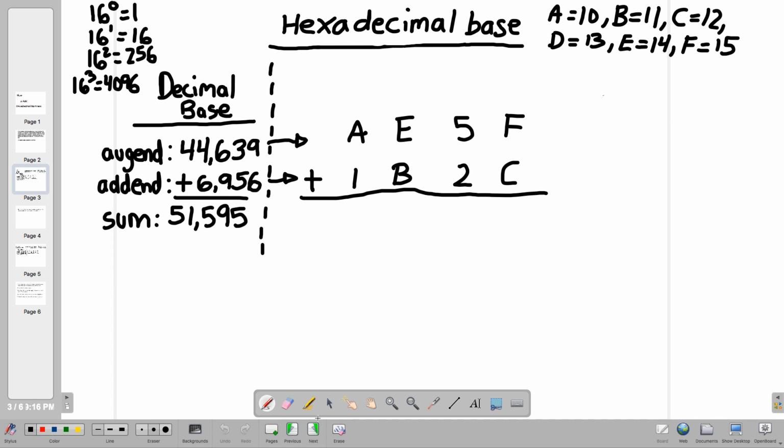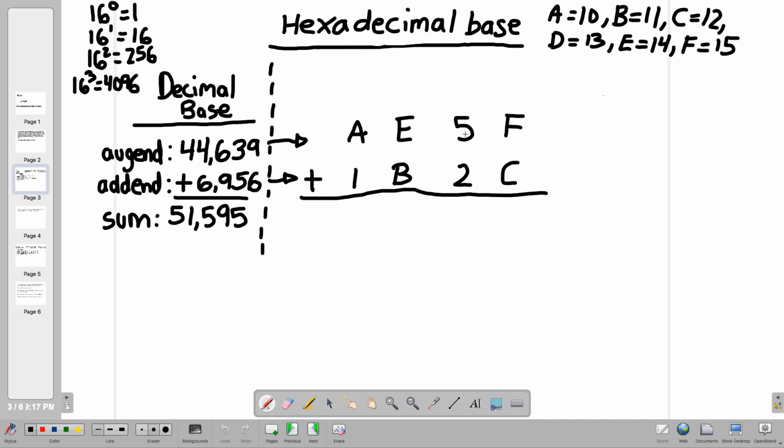We start off just like with decimal numbers from 0 to 9, but when we get to 10, we start using letters, so that's why we have A through F. Towards the left, I also have some notes. 16 to the 0 power is 1, 16 to the first power is 16, 16 to the second power is 256, and 16 to the third power is 4,096. All of this is going to become helpful, so let's see what we have.